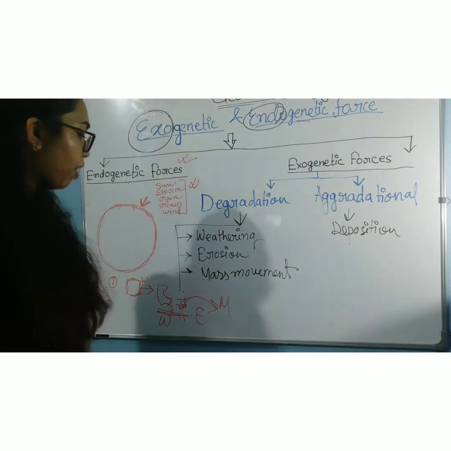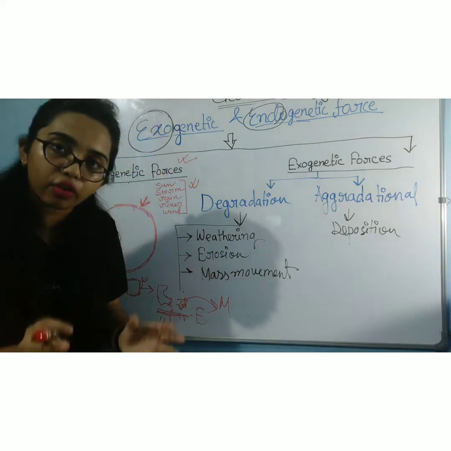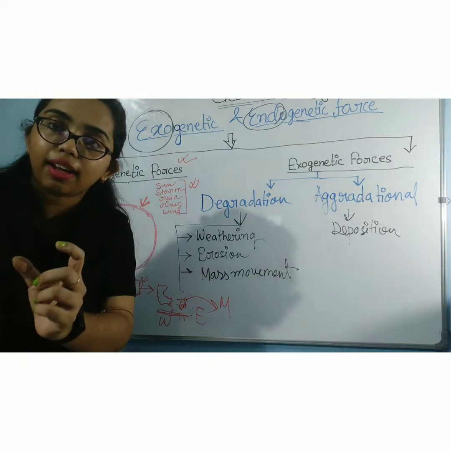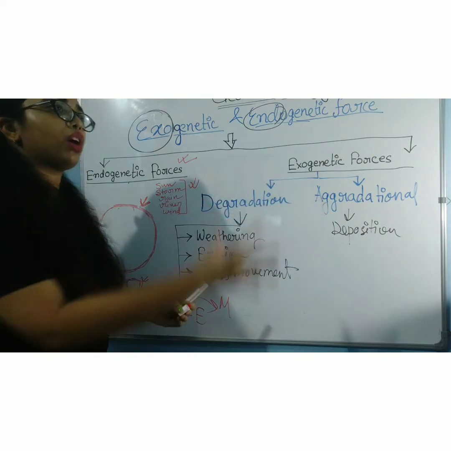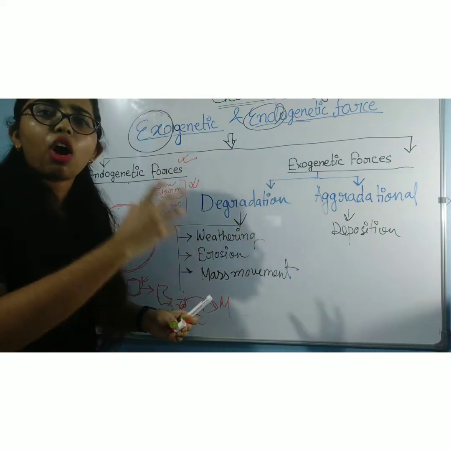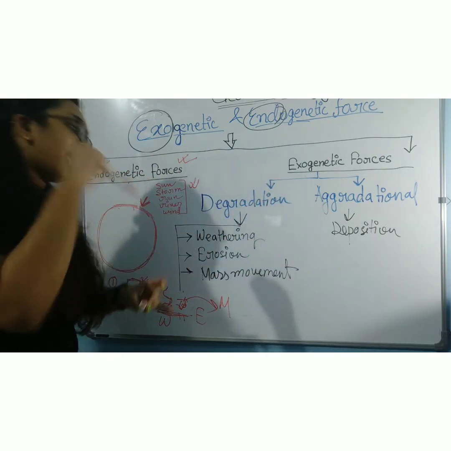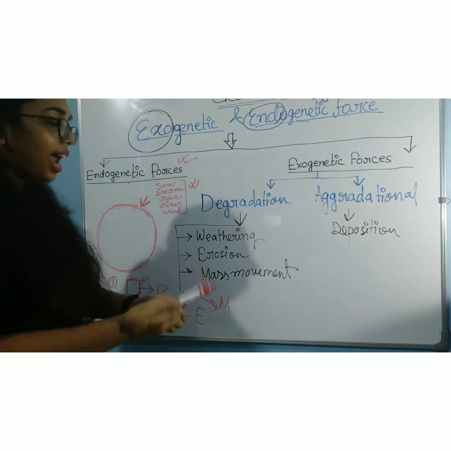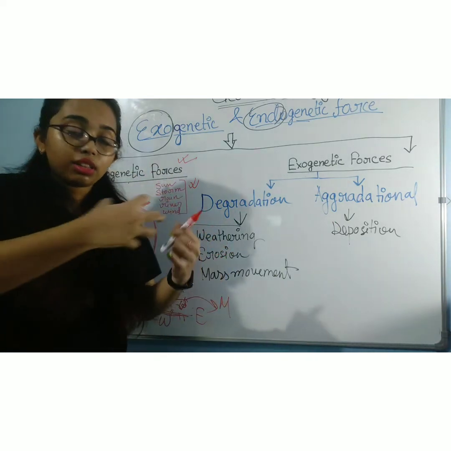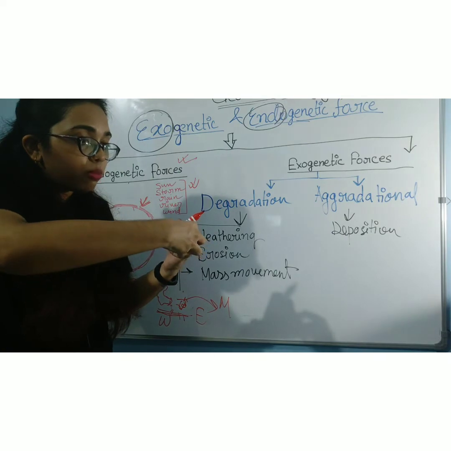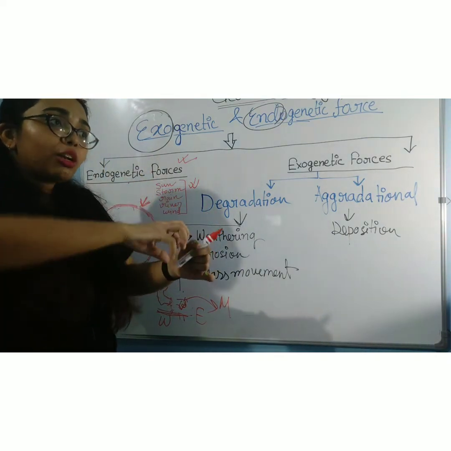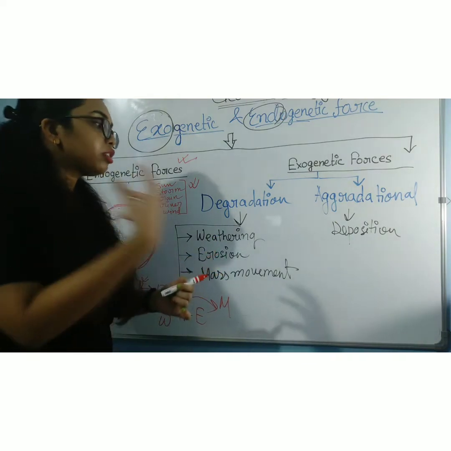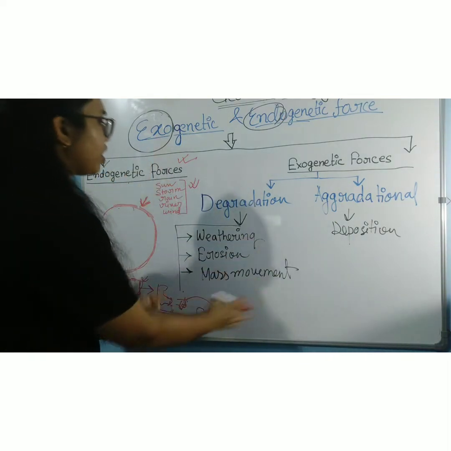When the broken particles just stay beside that rock, that is called weathering. When the broken particles are removed from there and there is a bare rock or parent material, that is called erosion. And when the broken particles are removed from there, that movement is called mass movement.